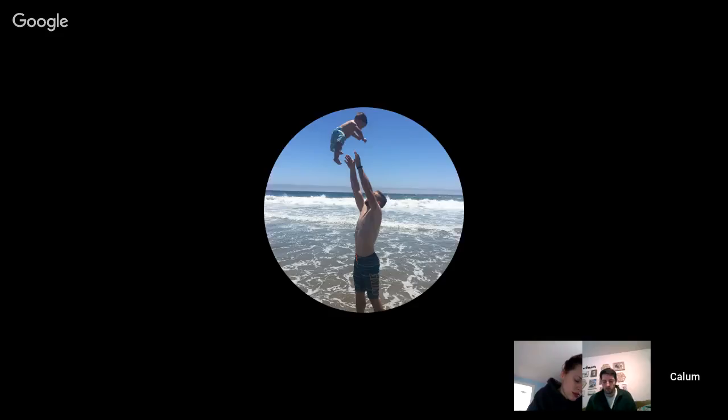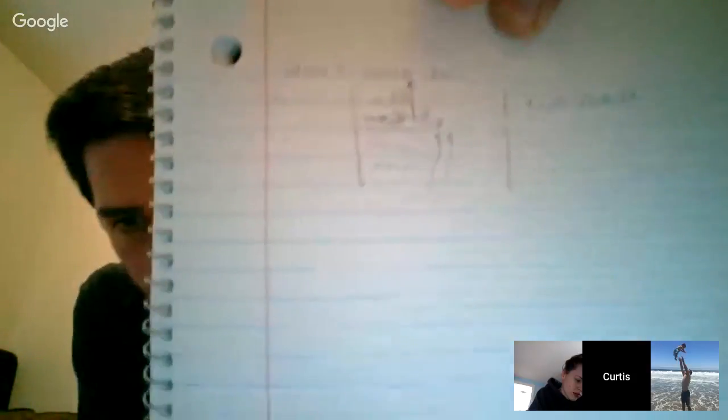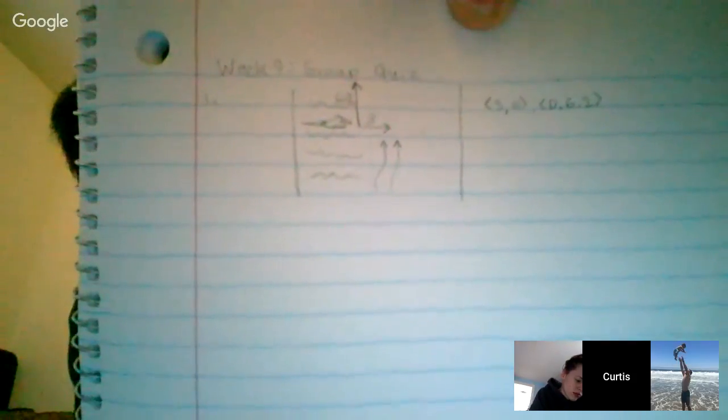So the vectors would be 3, 0, 0, 6.2. It'd be 3, 6.2. No, like individual vectors, because he's swimming at 3 miles per hour in the west direction, which I think I drew it east.